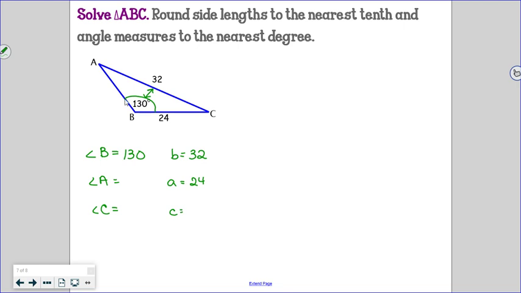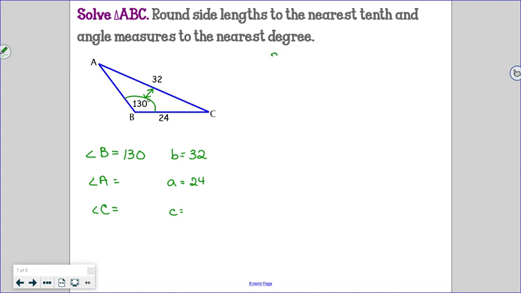We don't have two angles, so I can't do that whole subtract from 180 thing. So if I look at this chart, it kind of guides me to where I should go. Obviously, we're going to use angle B and side B in my proportion. The only other piece of information I have is side A, right? So we're going to go to finding angle A next. That's literally the only thing we can do.